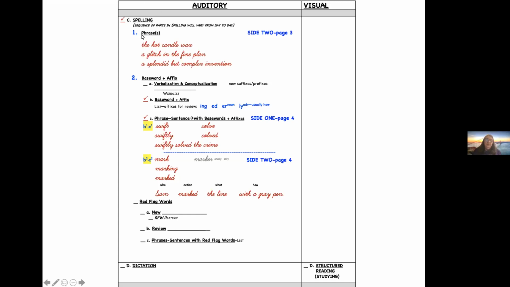So basically, within the spelling section, all of the parts that are listed don't have to be in a certain order. You might do phrases that have no words with affixes. You might practice red flag words and put some of the red flag words in a sentence before you practice base word plus affix.